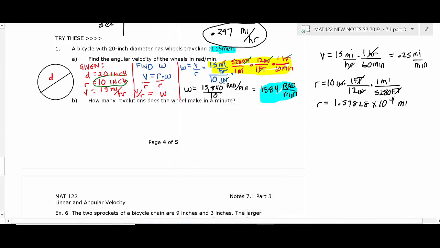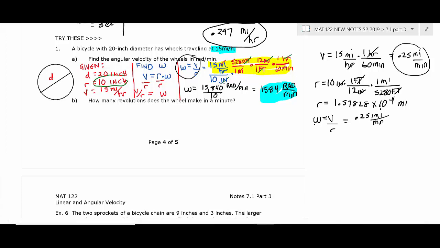Okay, so then what you could do is the formula that we have again is omega is V over R. So if V is 0.25 miles per minute, sometimes I have a hard time writing on this, miles per minute, and then divide by the radius, which is 1.5, let's just round it like that.